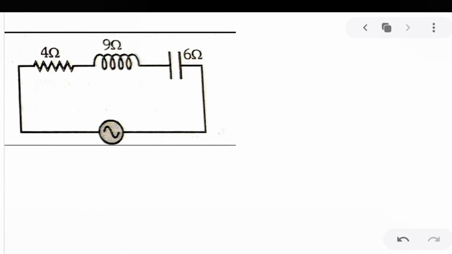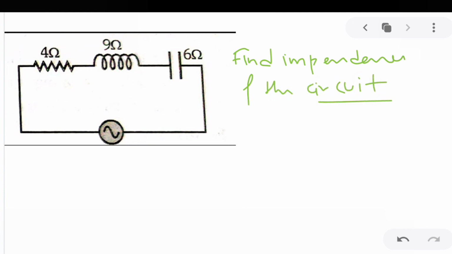Now suppose we have this series LCR circuit, and we have to find the impedance of the circuit. You may try this problem at your end and then verify with my solution.